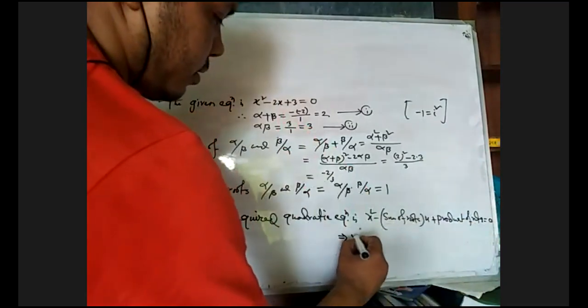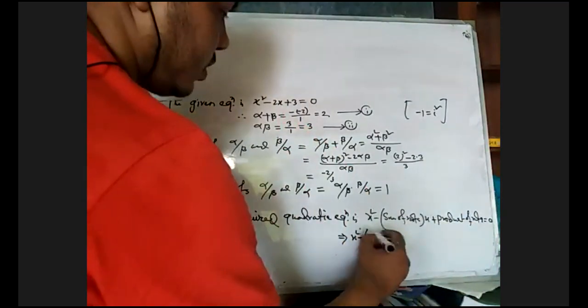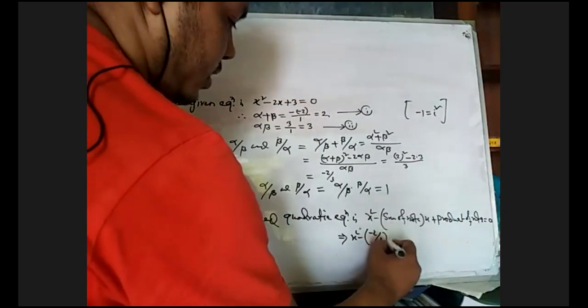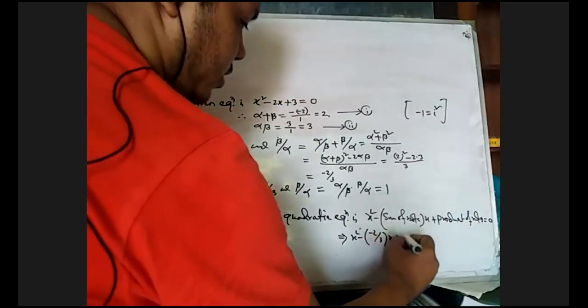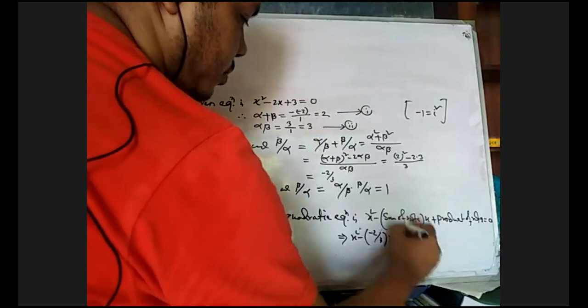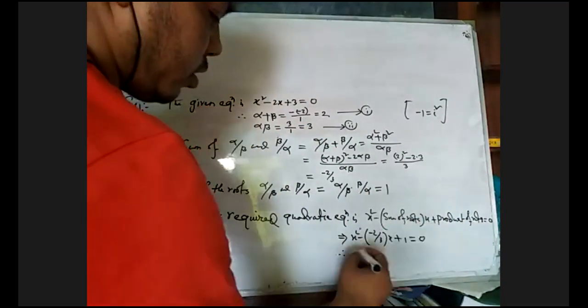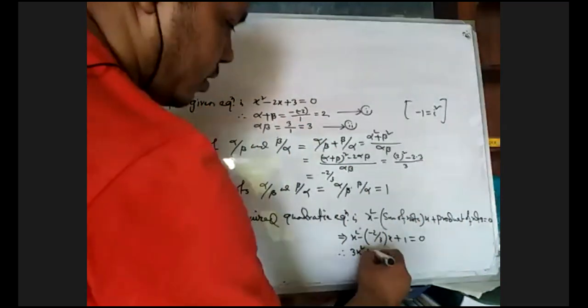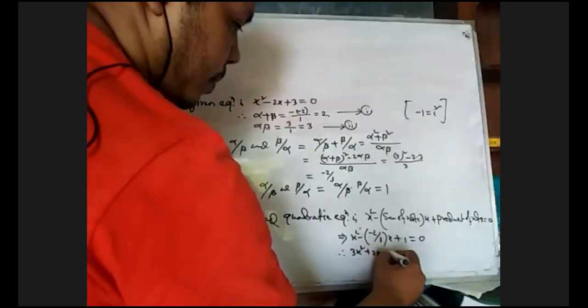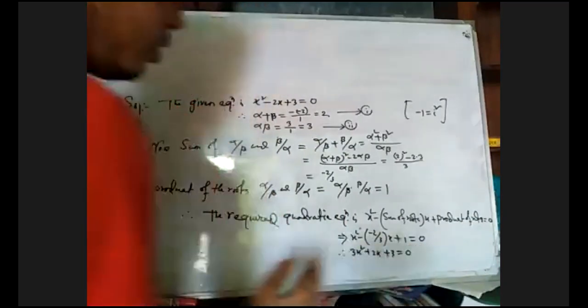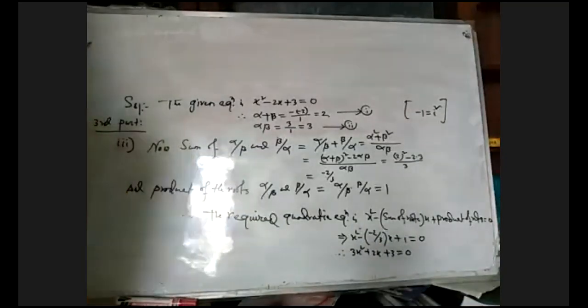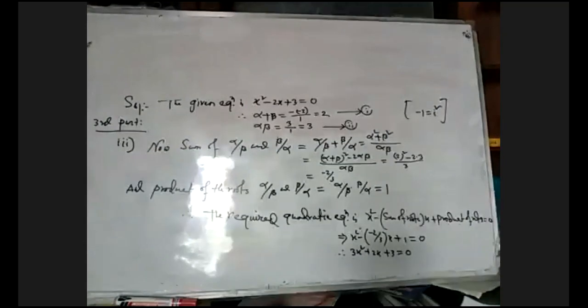That means x square minus 2 by 3 into x plus product of the roots, only 1, equals 0. Just multiplying by 3 on both sides, we get this equals to 0. This is the required equation. This is the third part.